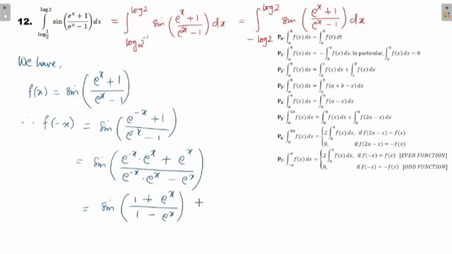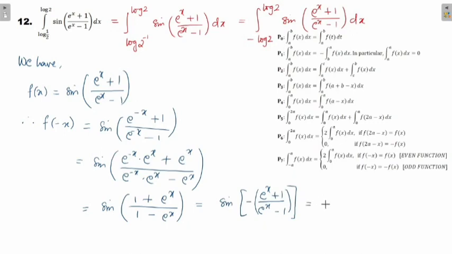Now from the denominator I'll take minus common. If you do that, it becomes sine of minus, where the numerator can be written as e to the power x plus 1, and the denominator, when you take minus common, becomes e to the power x minus 1. If you call this theta, this becomes sine of minus theta, and sine of minus theta is minus sine theta.